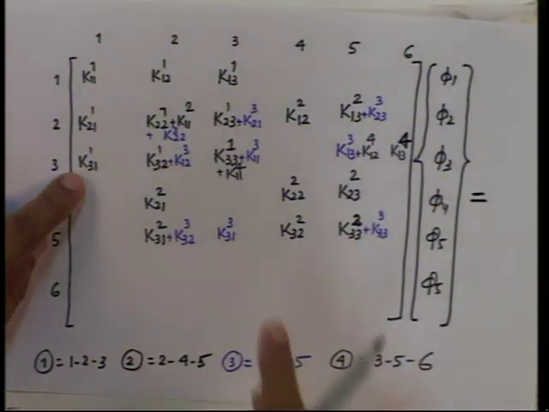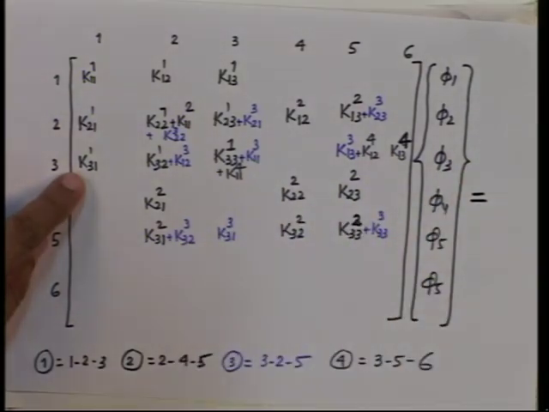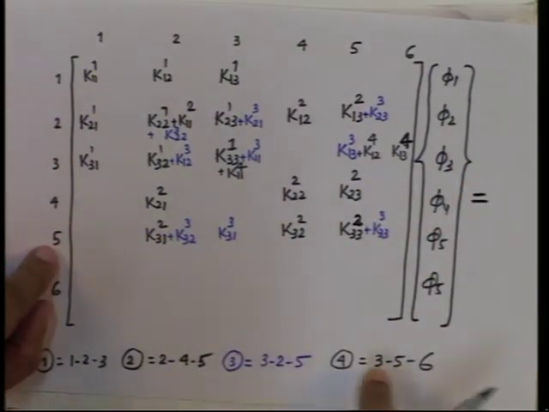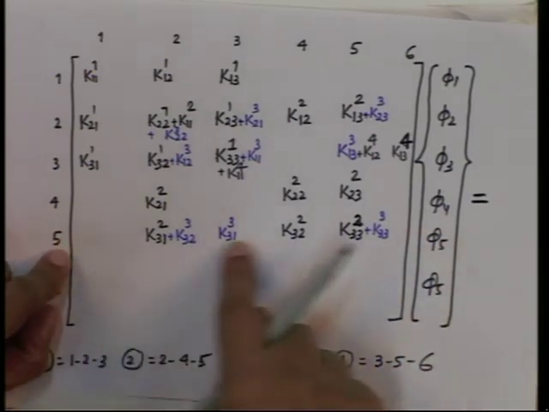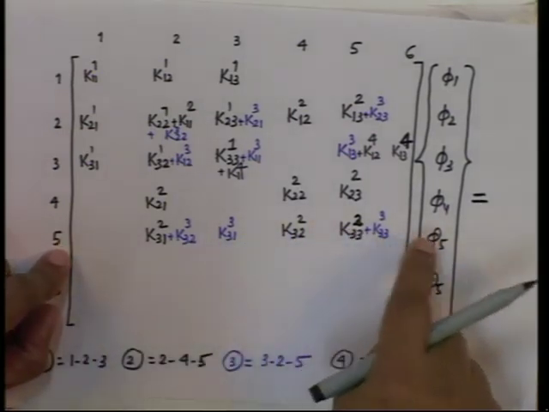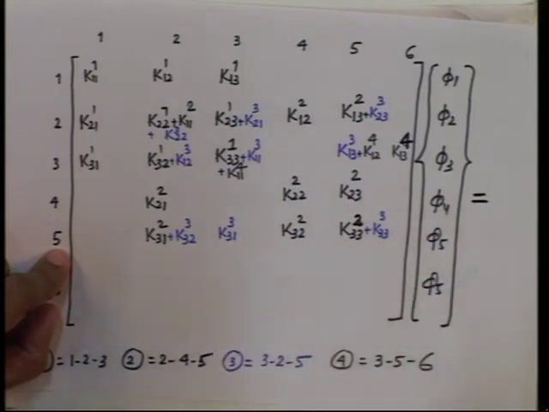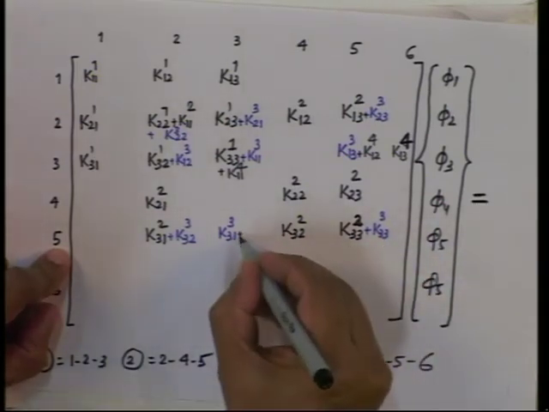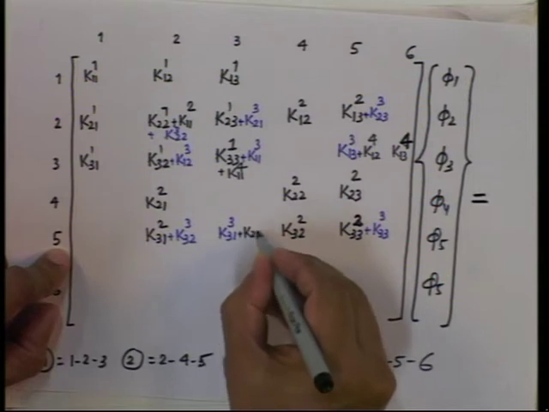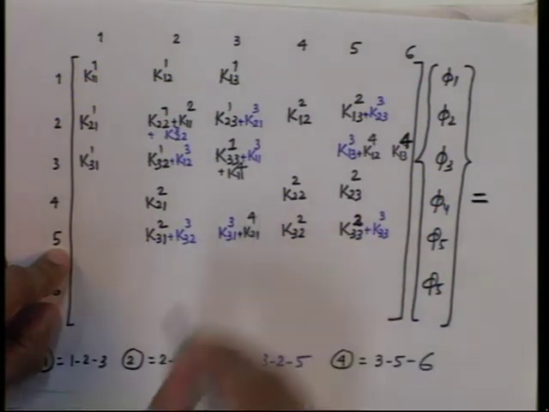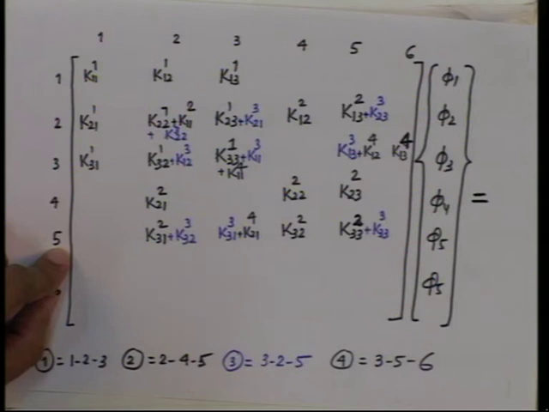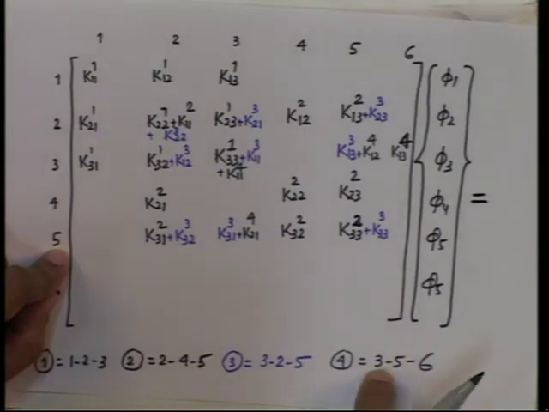I think this is okay. 4 I have written, yes, first row. Then the fifth row is here and the order is 3 5 6. So, the third one will be plus k 2 1 4, second row first column, fourth element of third.